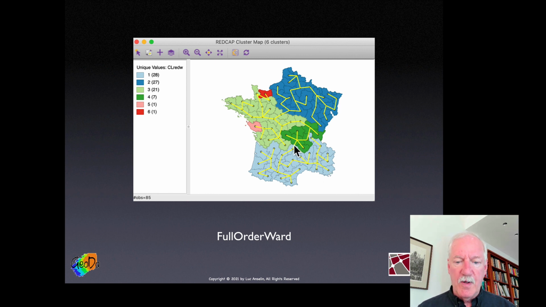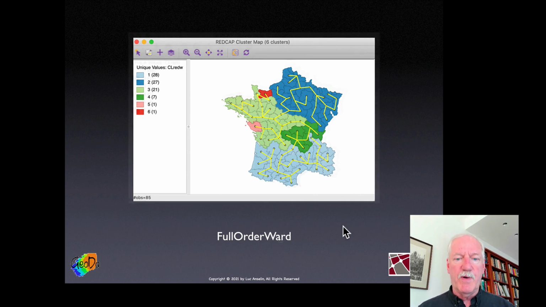For example, here is the cut between cluster number 1, which is the light blue one, and cluster number 4. Here's the cut between 4 and 3. Here's the cut between 3 and 2. And then, of course, for the singletons, we have also a cut. So this is, in a nutshell, how it works.